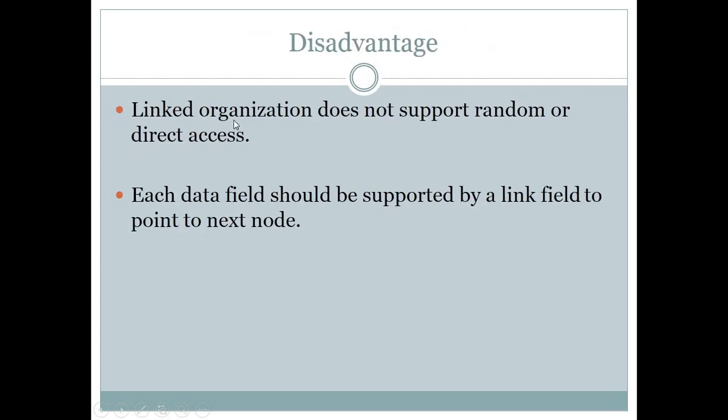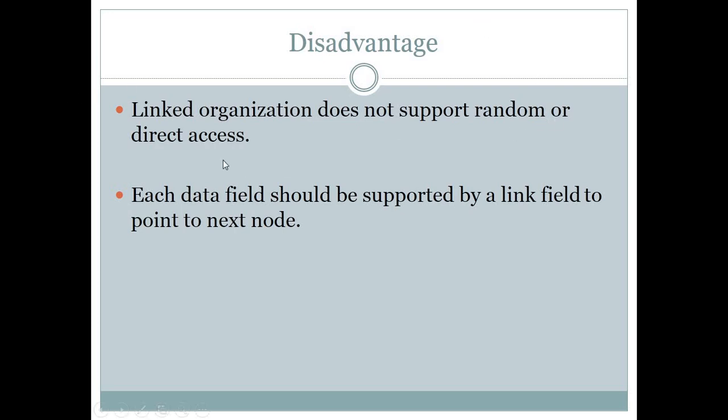Disadvantages: linked list organization does not support random or direct access. You have to go through each and every node to find your particular node. If your node is the fifth node, then you will have to start with the first node, then second, then third, then fourth, and then you can access your fifth node.